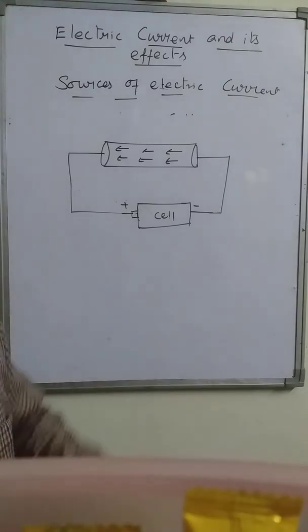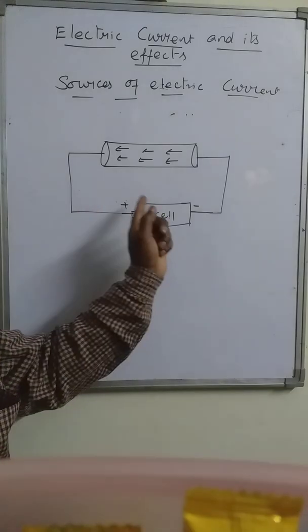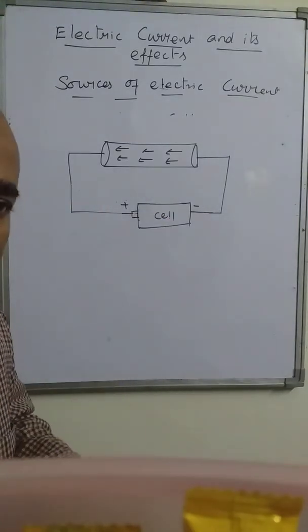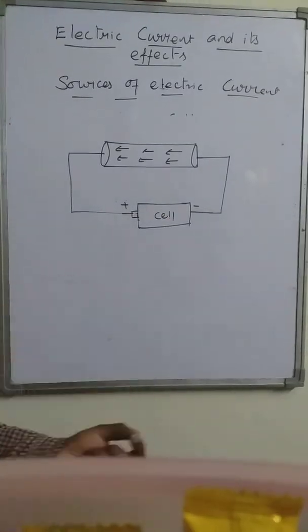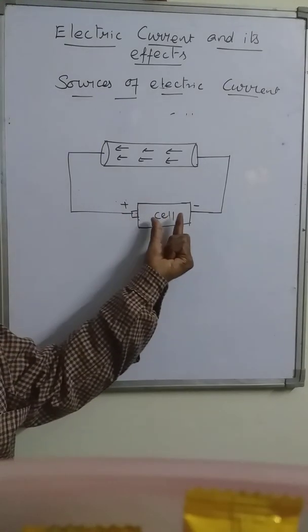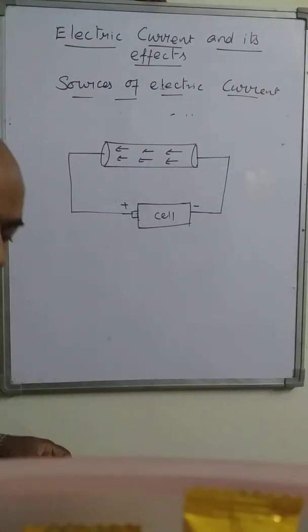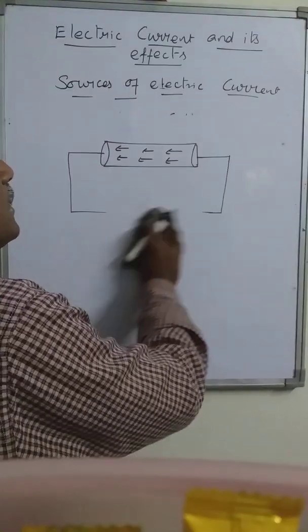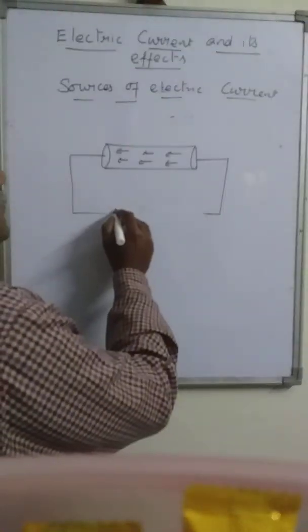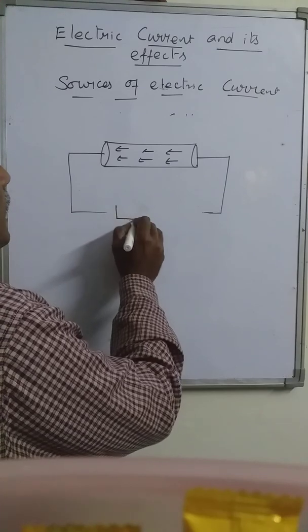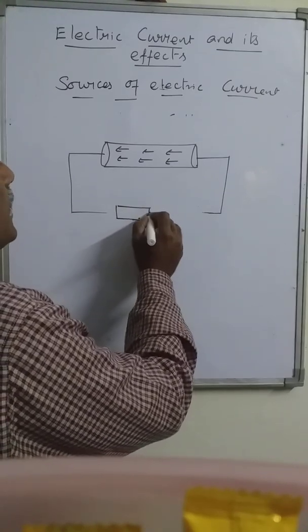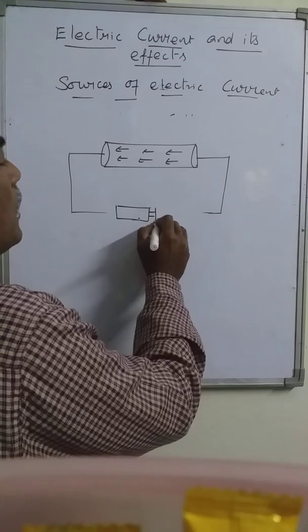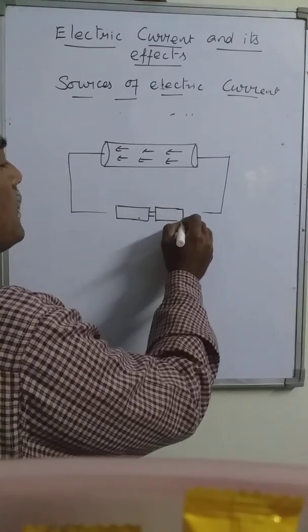If we increase the number of cells, meaning one more cell is connected along with this cell, it may be drawn like this. Suppose this is one cell and the second cell is also connected.